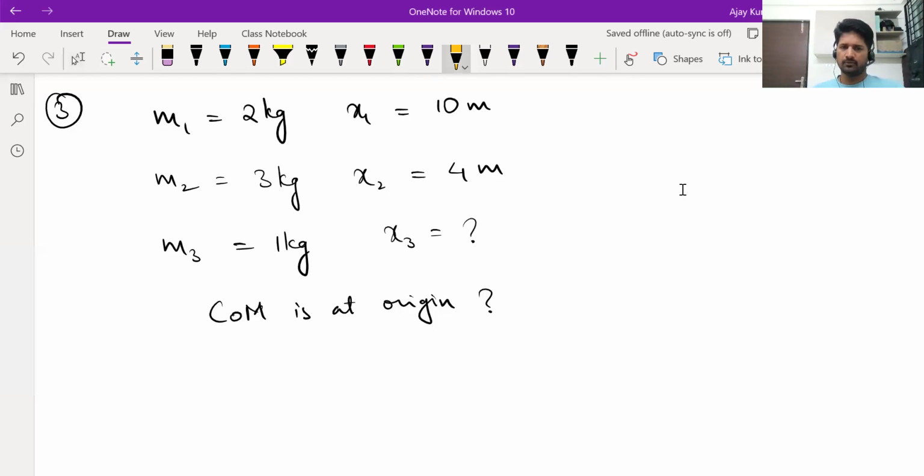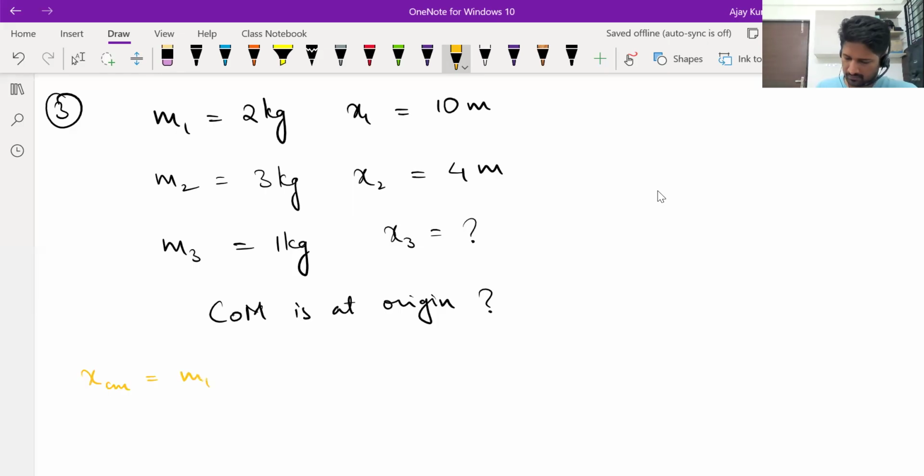Rishi, which formula should be used? Sir, M1 X1 plus M2 X2 plus M3. Good, good. Okay. Did you not get any answer? I'm solving, sir. Just a minute.